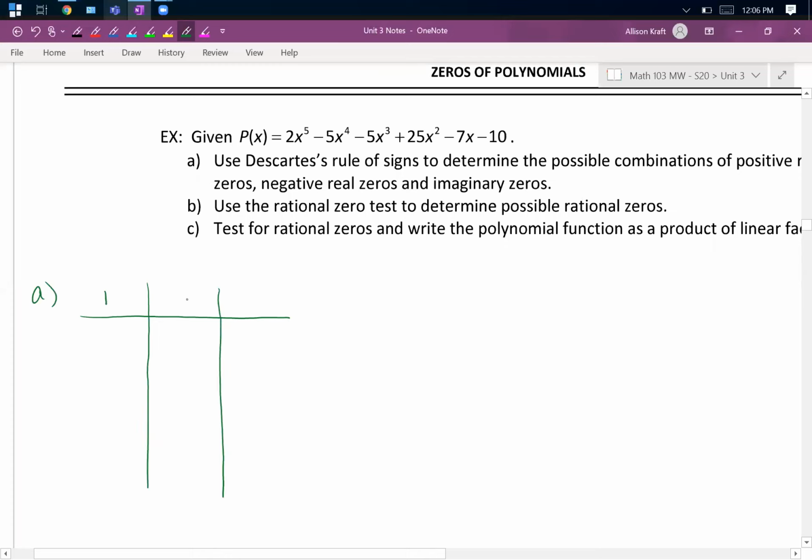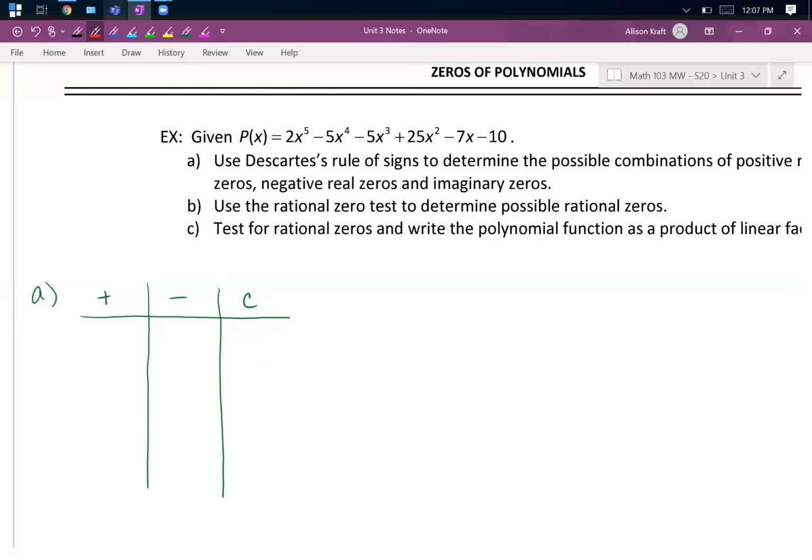We have our positive real column, our negative real column, and our complex column. We start by determining our options. For positive real zeros, our max option is going to be the number of sign changes that we have in our p of x.